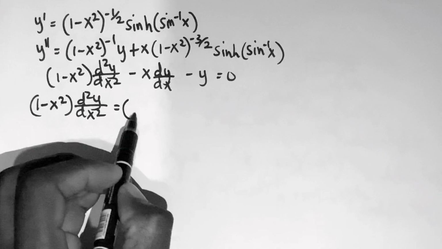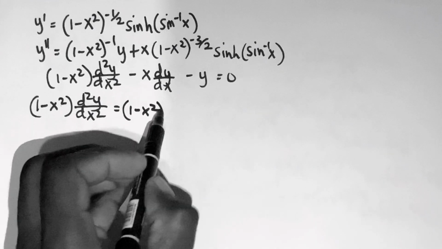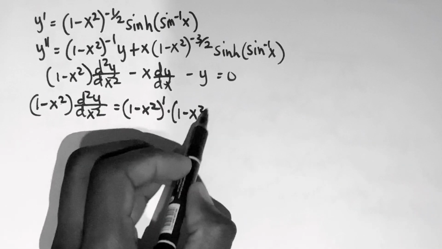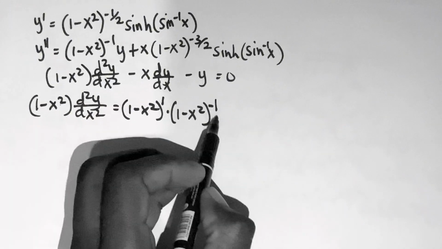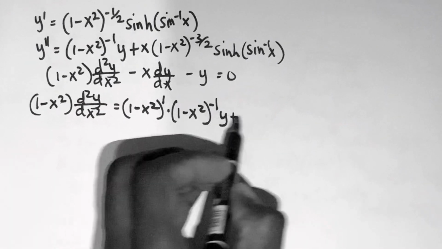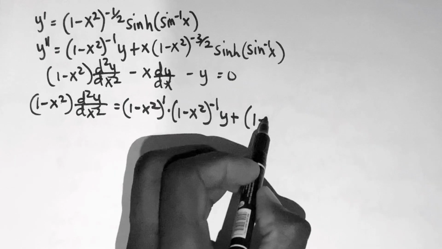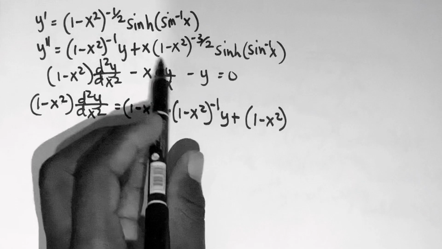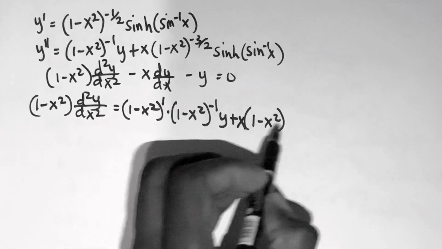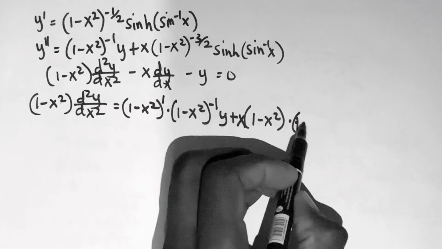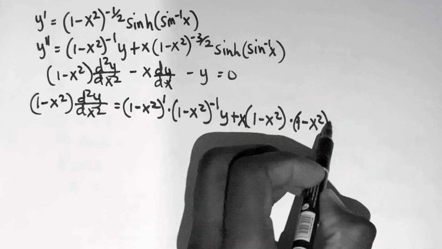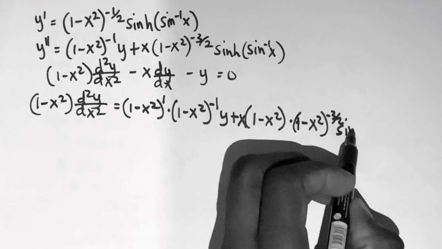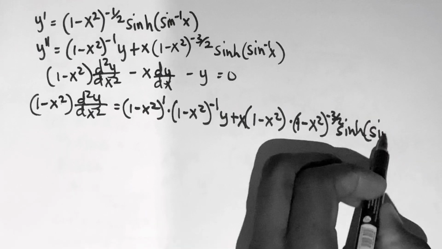So it's going to be like this: (1 minus x squared) exponent 1, then times (1 minus x squared) exponent minus 1, then times y, then plus into bracket 1 minus x squared times, so there is already an x here, so let me bring the x out, times (1 minus x squared) exponent minus 3 over 2. Then here's hyperbolic sine of sine inverse of x.